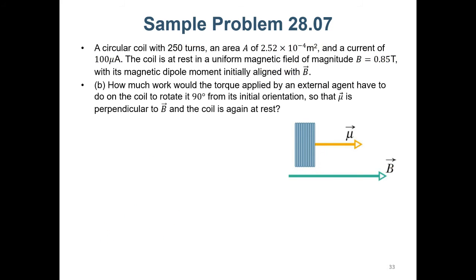Okay. So next, how much work would the torque applied by an external agent have to do on the coil to rotate it 90 degrees from its initial orientation, so that mu is perpendicular to B and the coil is again at rest?